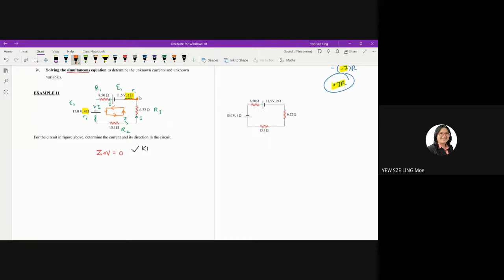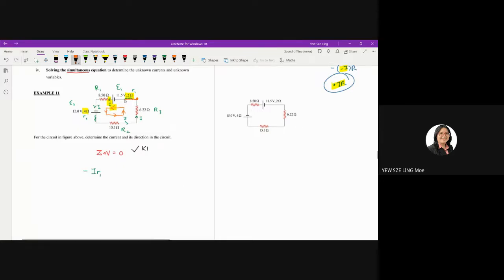When it passes through this internal resistor, it is going to experience a potential drop. The direction of I and the direction of the loop are both heading the same direction. Therefore, it is a negative Ir1, because it is experiencing a potential drop.